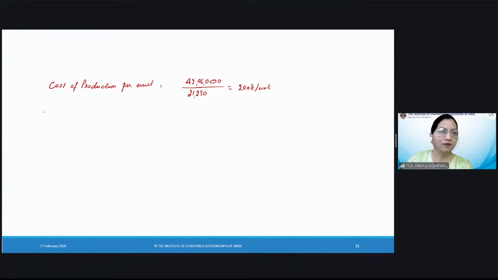Therefore, the closing value of finished stock is 1230 units at the rate of 200 rupees per unit. The value of closing stock of finished goods is 2,46,000.